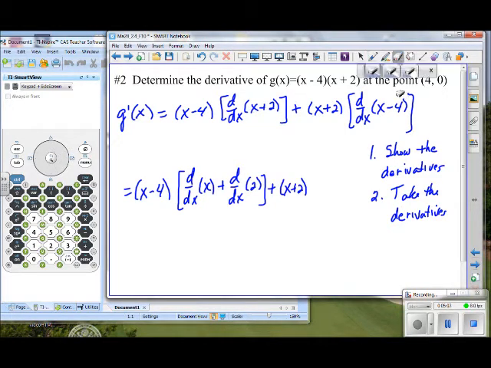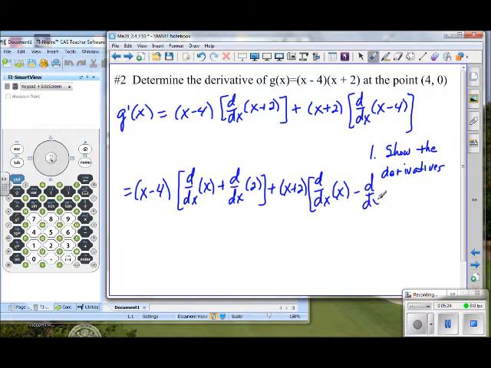I'm going to erase my little second step here because we're not really doing that yet, because at this point I also must take the derivative of this. So the derivative with respect to x of x minus the derivative with respect to x of 4. So we're still showing the derivatives in that line and in this line.